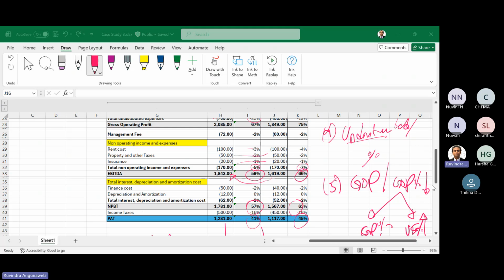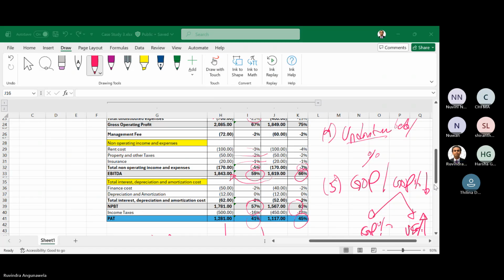Let me see whether there are any questions. Okay. Sir, can you explain the EBITDA point again? Is the EBITDA clear, Nuvini, or you want an explanation? Can you explain again, please?